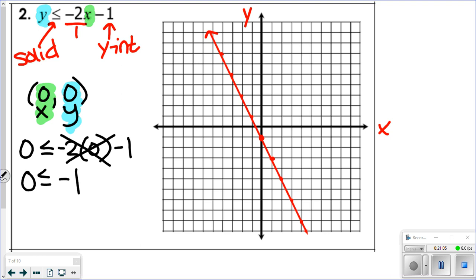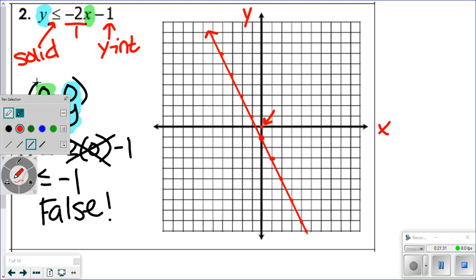Is 0 less than or equal to -1? False. So because this is a false statement, think 0, 0 is right here. I need to shade away from that, the opposite direction. So I'm going to shade down and to the left of my line, if that makes sense.